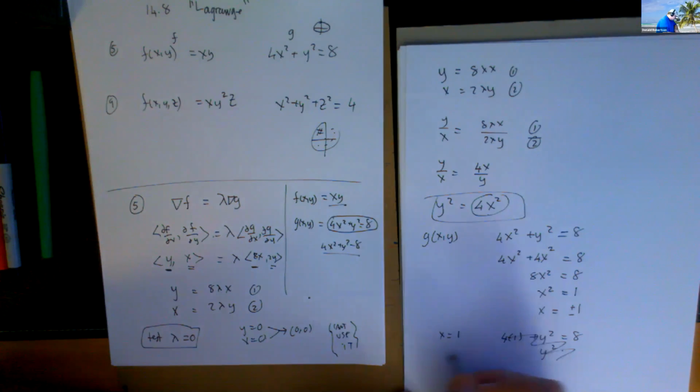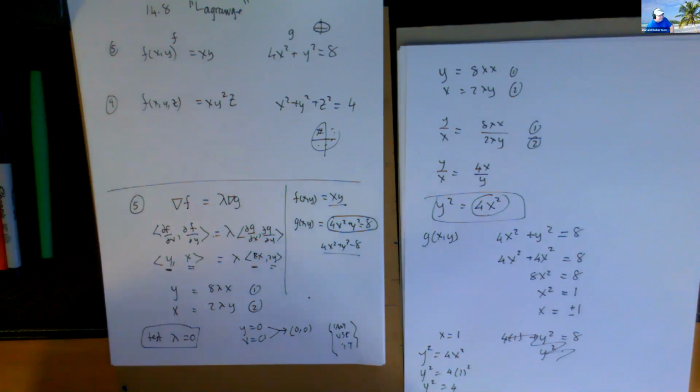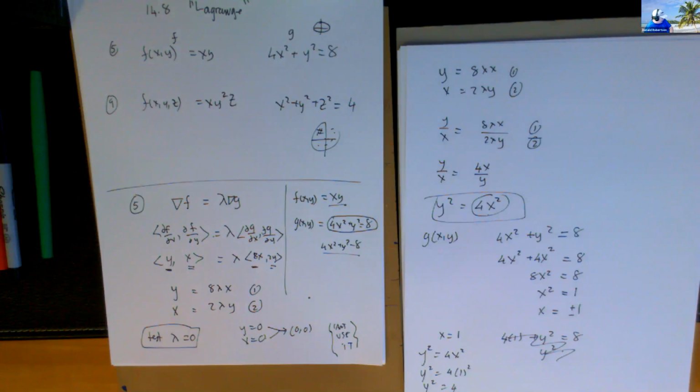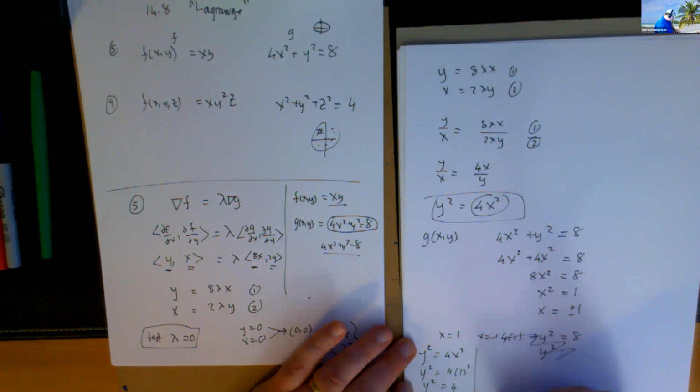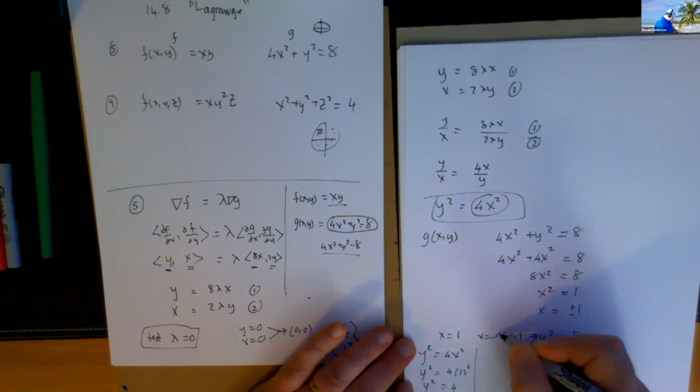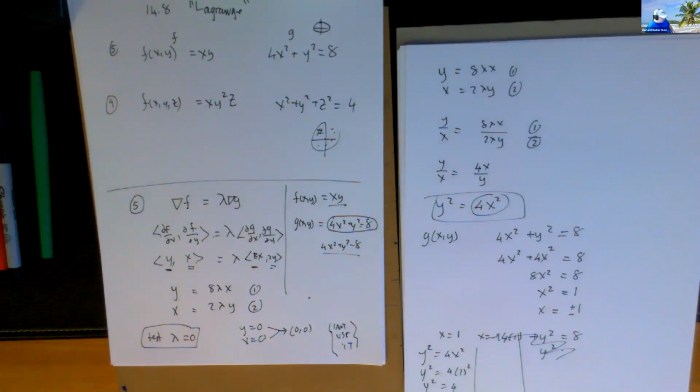When x equals 1, y squared is 4 times x squared, y squared is 4 times 1 squared, y squared is 4. Does it not make y plus or minus 2? And if I did x equals -1, would you agree that I don't need to do the working? I can assume that when x is -1, I get plus or minus 2.